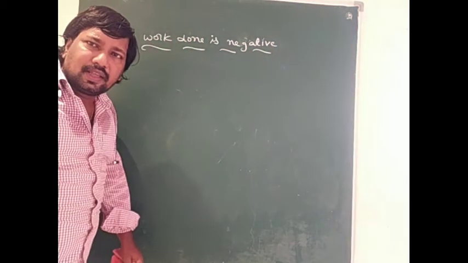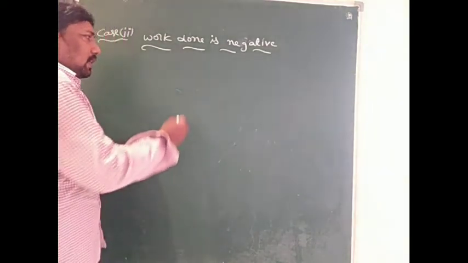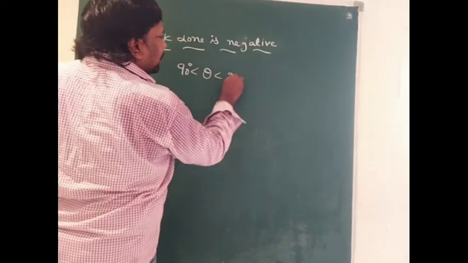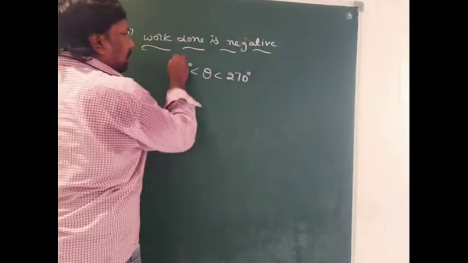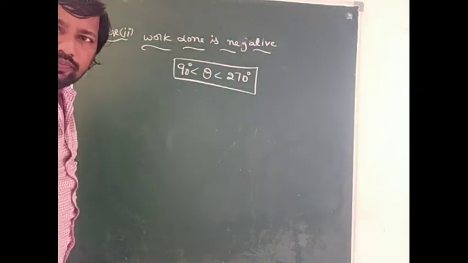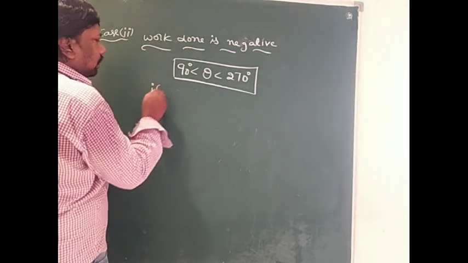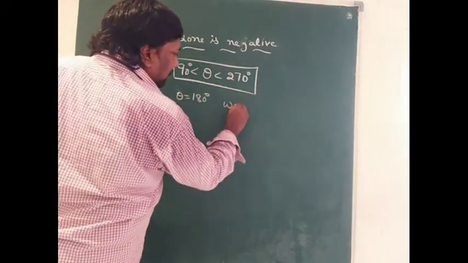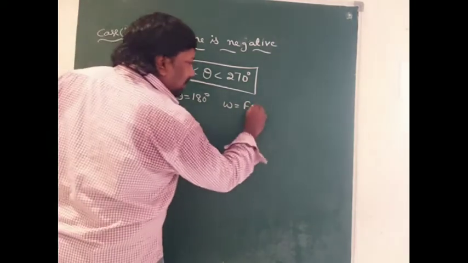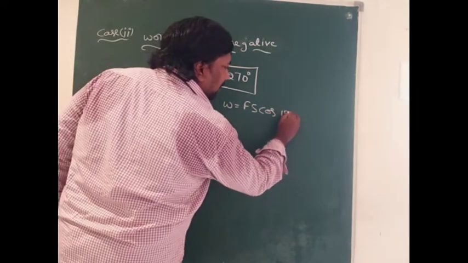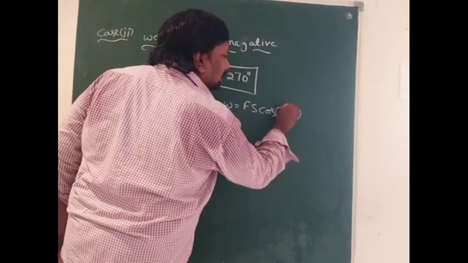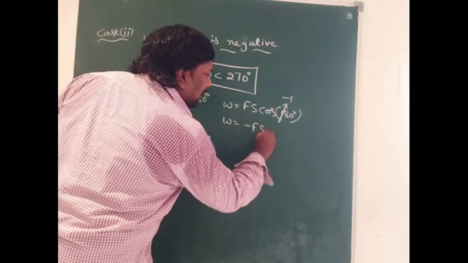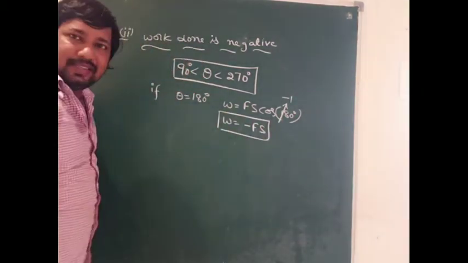When the angle between force and displacement lies between 90 and 270 degrees, the work is negative. If theta equals 180 degrees, then W equals Fs cos theta, and cos 180 is minus 1. Therefore W is minus Fs, and the work done is negative.